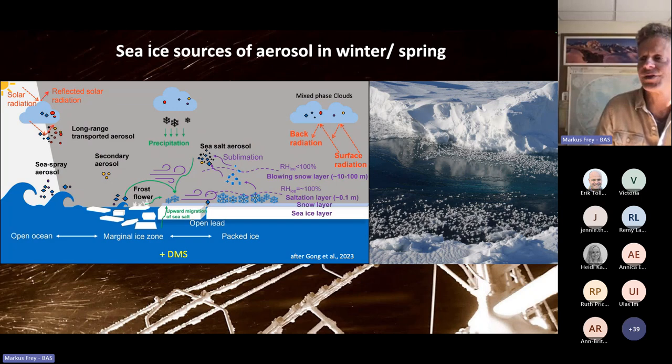We focus here on sea salt, but there's other chemistry in the ocean, for instance DMS, dimethyl sulfide, a product from phytoplankton, which, undergoing oxidation, forms also particles which have an impact on clouds, just on the side.